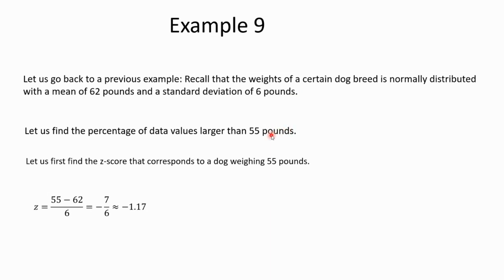Okay. Well, here we don't want less than, we want greater, larger, to the right. But we still have to find the z-score. So the mean is 62 pounds. The standard deviation is 6. Our data value is 55 pounds.